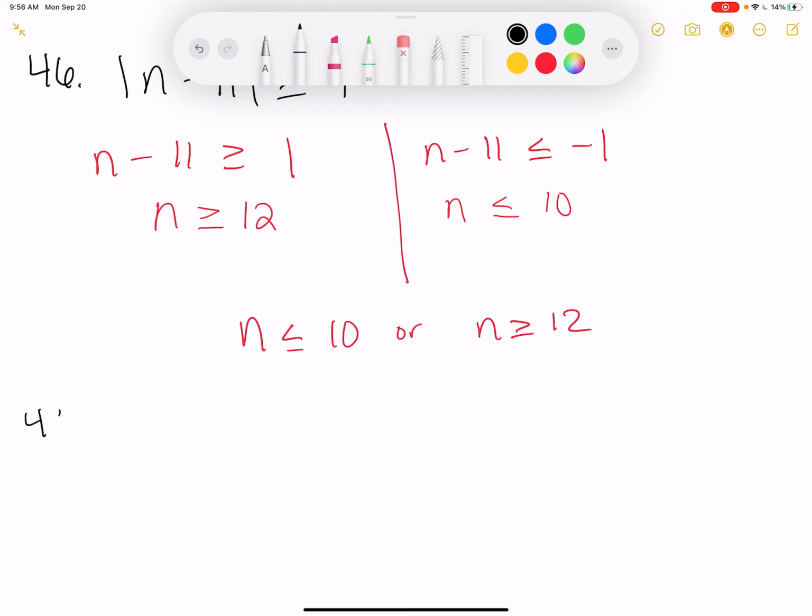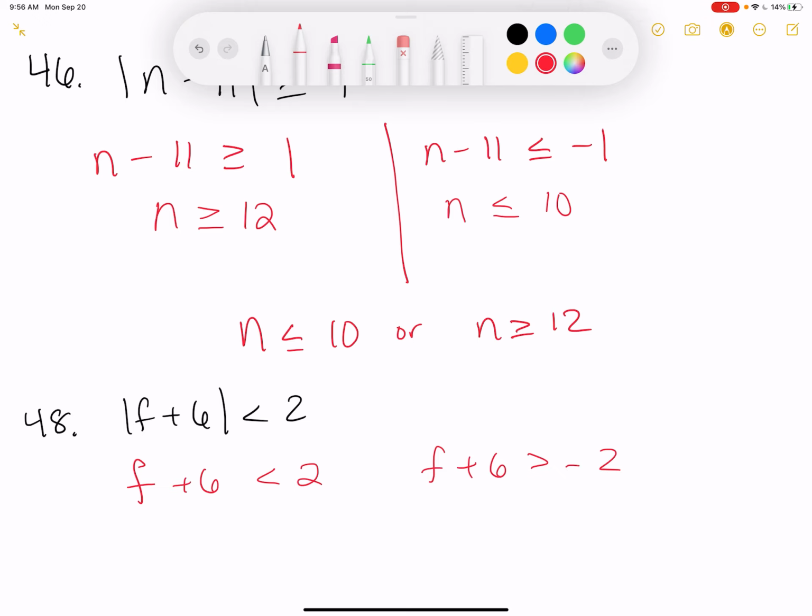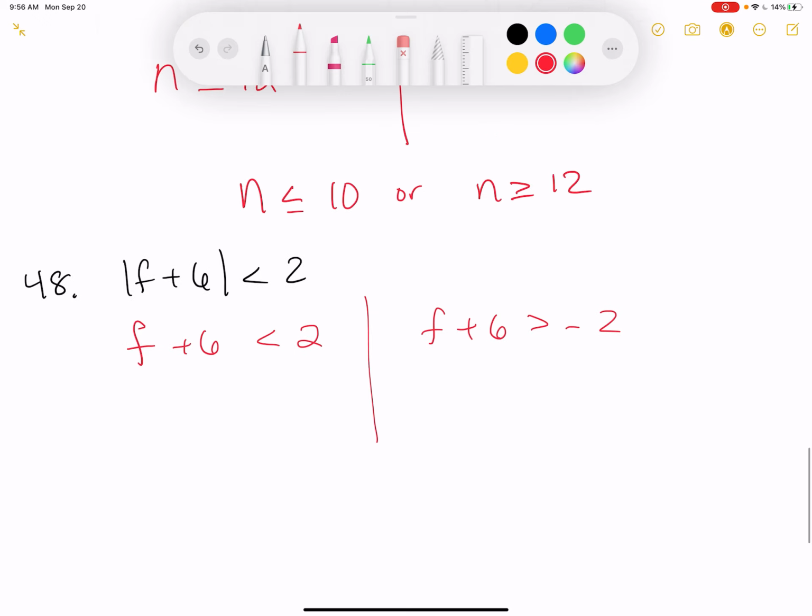Now the next one: 4f plus 6 is less than 2. Okay, so those are our two setups.